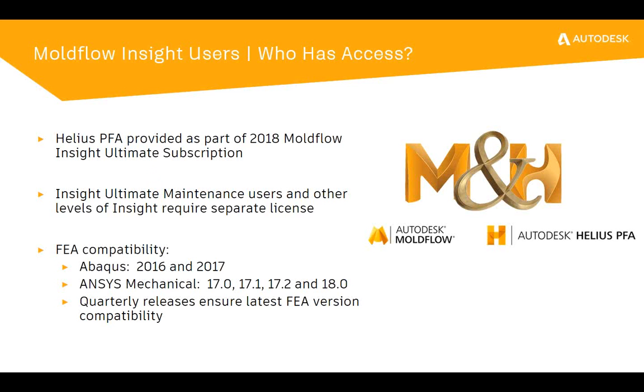Now, there's a whole group of users that are on maintenance for Insight Ultimate, and there's also users that are at the premium and standard levels. Now the workflow is exactly the same between all these levels, but the Helius PFA software would have to be provided as a separate license for users on Insight Ultimate Maintenance, and then also on Premium and Standard.